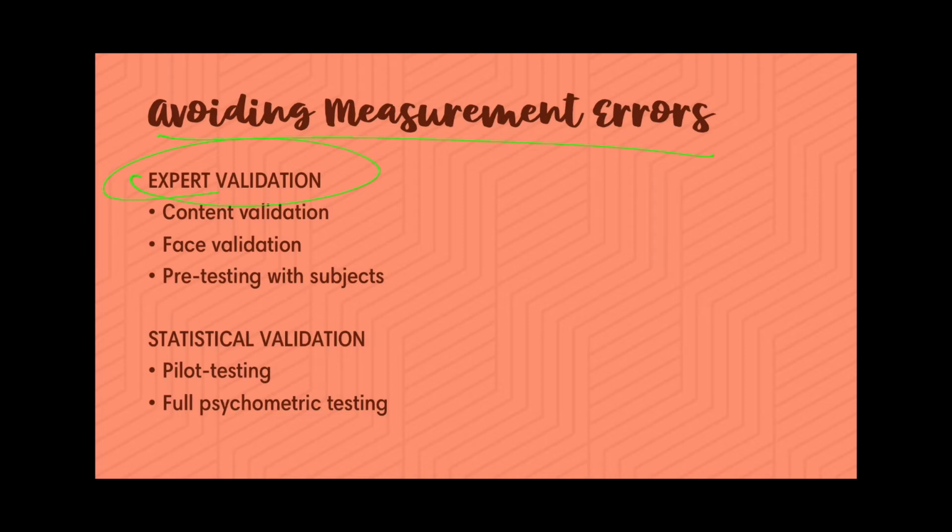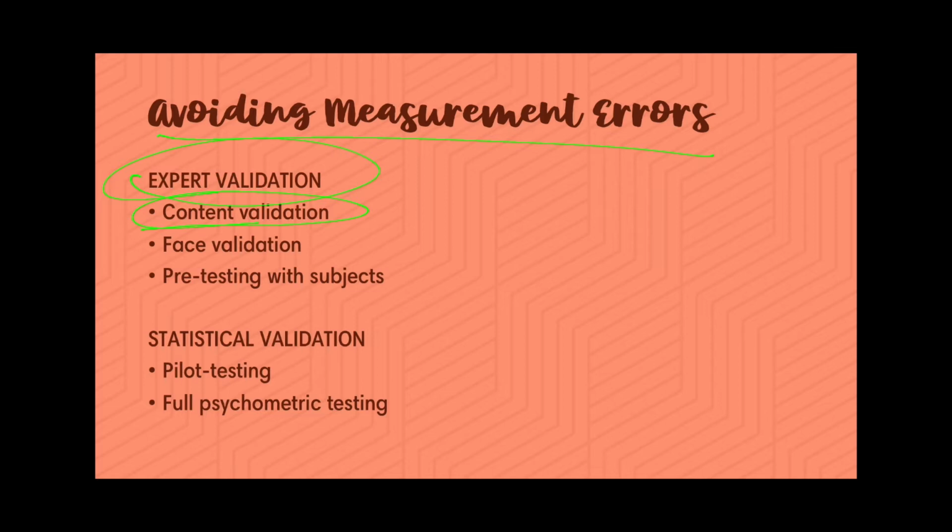So that's one. If what we want to establish for our instrument is to make sure that the indicators that we are placing in the Likert scales are really measuring what we intend to measure, then that's content validation. Content validation by the experts.